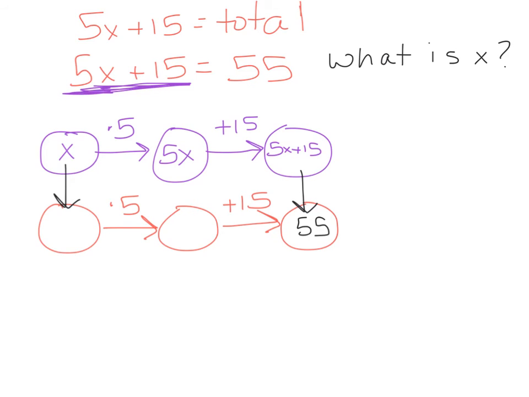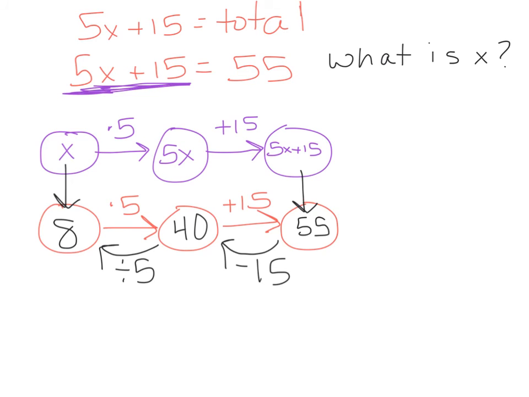So now I need to work backwards to figure out what x is. So I'm going to do the opposite of adding. I'm going to subtract 15. So 55 minus 15 gives me 40. I need to backtrack one more step. So instead of multiplying by 5, I'm going to divide by 5. 40 divided by 5 is 8.